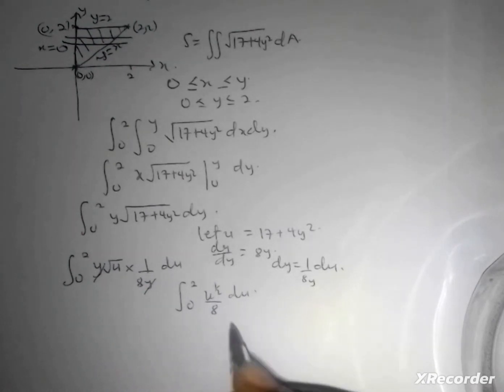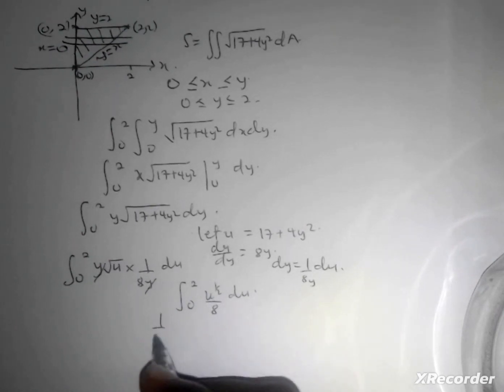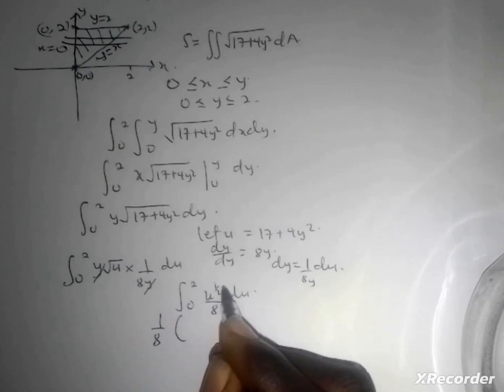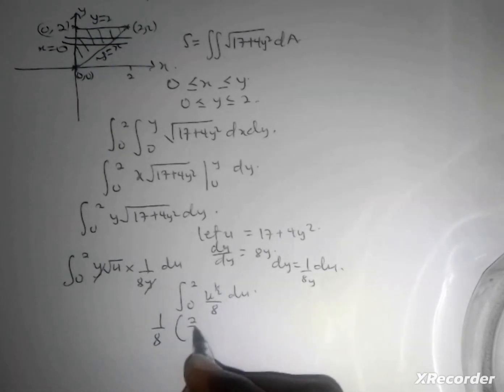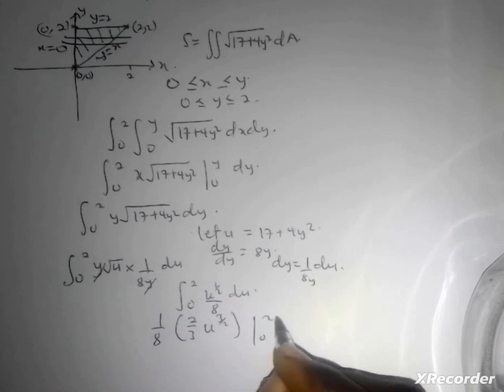Then I simply integrate this. So 1 over 8, then I add 1 to the power, giving 2 over 3 u to the power 3 over 2, from 0 to 2.